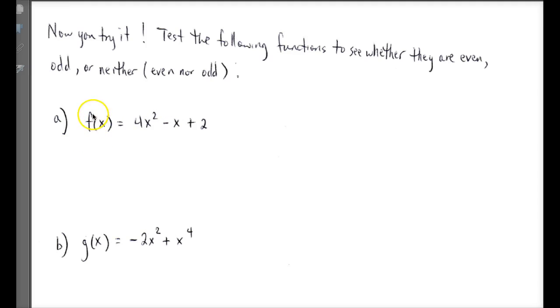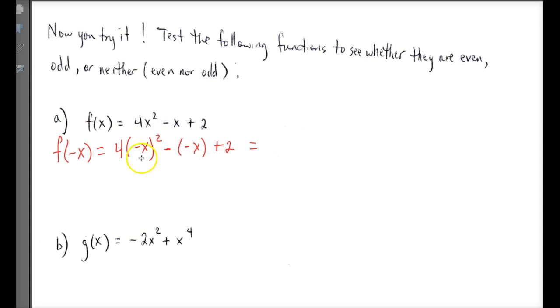So to start off, we will say f of negative x is equal to 4 times a negative x quantity squared minus a negative x plus 2.